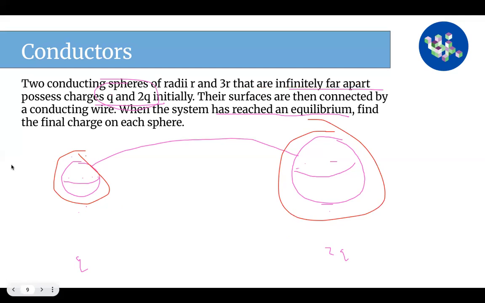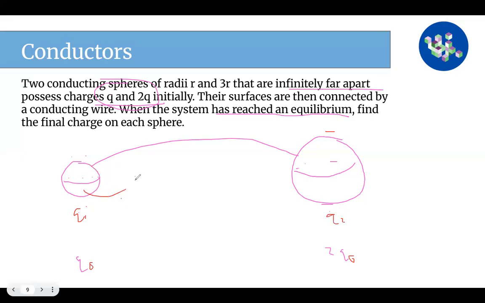But if we don't, then we can just say that the potential of each of the spheres, if I say the initial charges were Q0 and 2Q0, and the final charges are Q1 and Q2, right? So the potential on this one will be K, or 1 over 4 pi epsilon 0, whatever you want to use, times Q1 divided by its radius, small r. That's its potential.